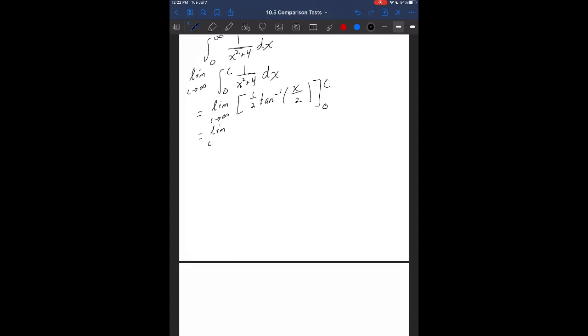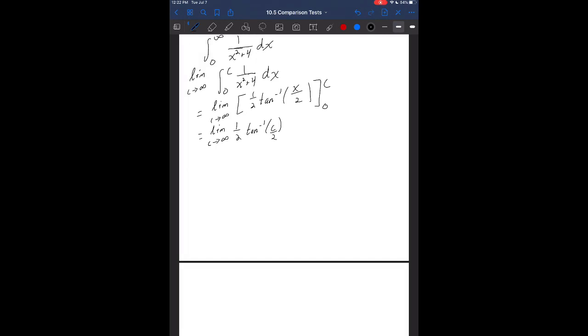Okay. So plugging things in, we have the limit as c goes to infinity of 1/2 tan inverse of c over 2 minus 1/2 tan inverse of 0, which is going to be 0.